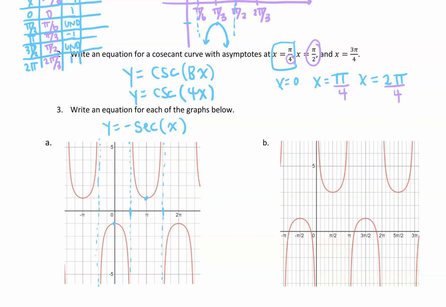Okay. All right, what about for B? So where does my asymptote look like it's fallen? At 0. So which one of those has an asymptote at 0? So this is going to hopefully be a cosecant function. But what did I do to my midline here?